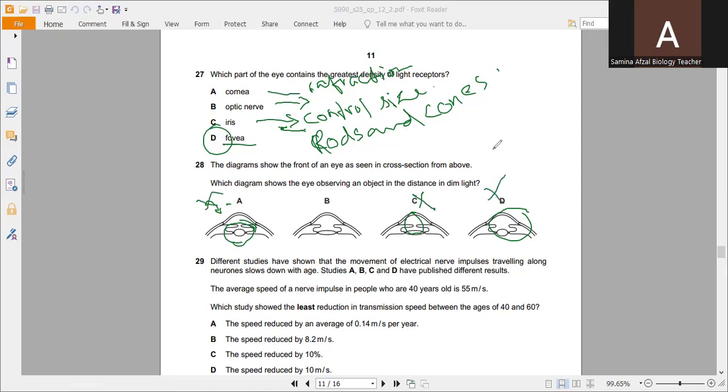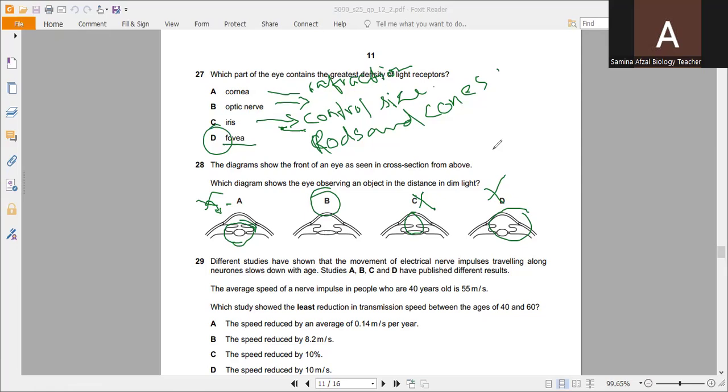Only B has a thin lens, and you can see the distance between the pupil, so it has been dilated. It is wider open. So B is the correct option in this case.